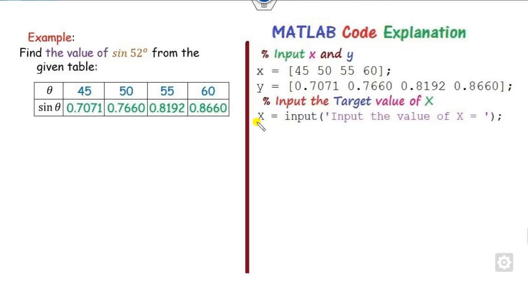Otherwise, if you don't want to ask for input here, and you want to calculate at 52, you can write x is 52 directly with a semicolon. So that depends upon you, whether you want to take the input from the user or directly from here. Now you can see the length of this. Look at that. The value is 4.